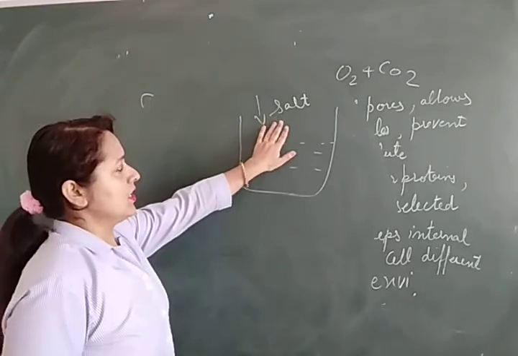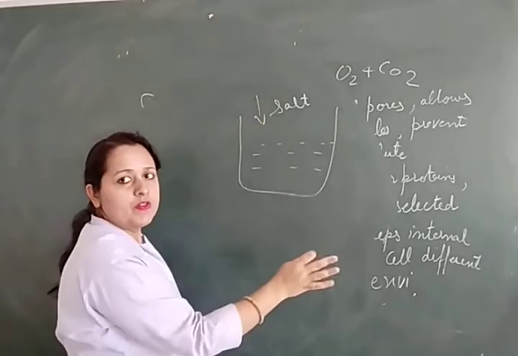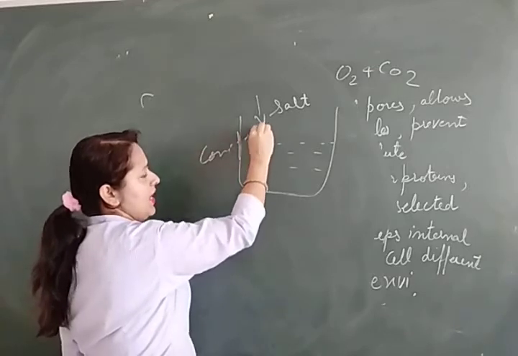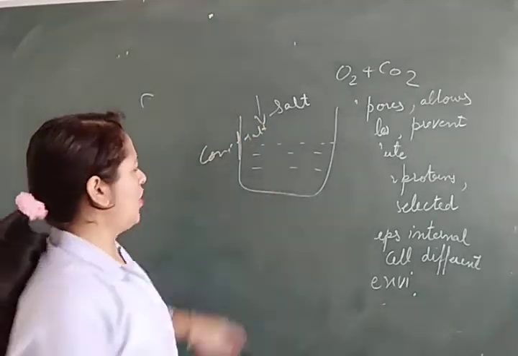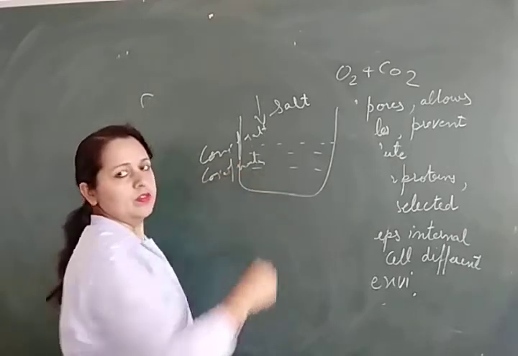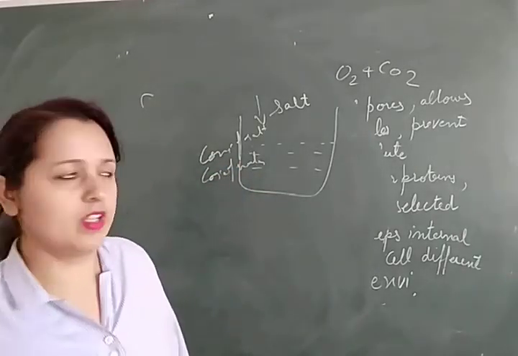The amount of salt is known as the concentration of salt, and the amount of water is known as the concentration of water. I hope the word concentration is now clear to you.